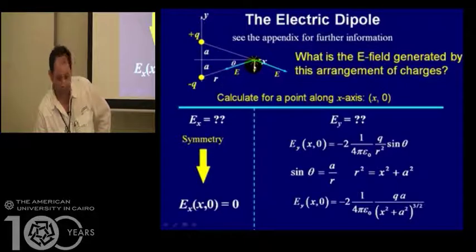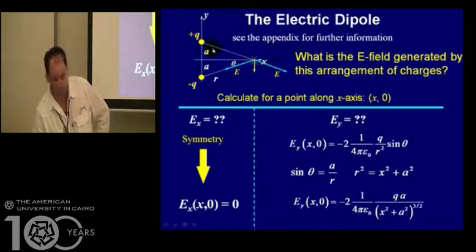Let's find out. The electric field E from charge number 1 is going to be K, Q, divided by the distance squared, R squared. This is the electric field E. The component of that electric field along the negative y-axis, we have to multiply by the sine of that angle theta.